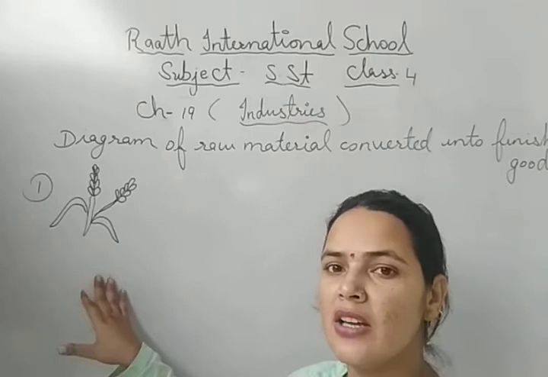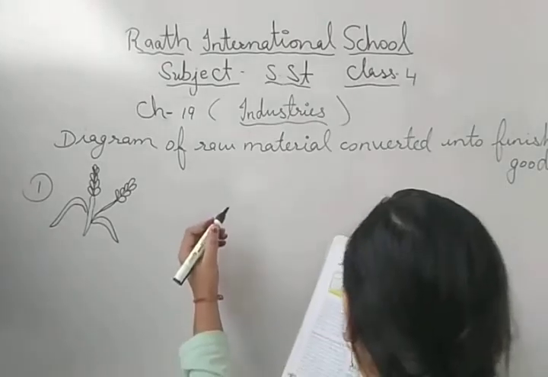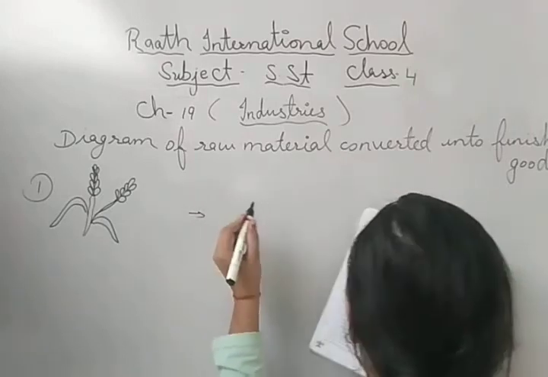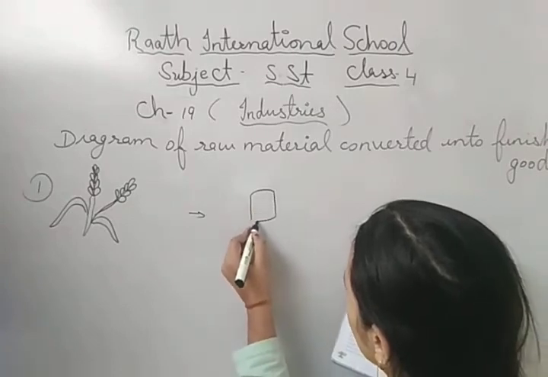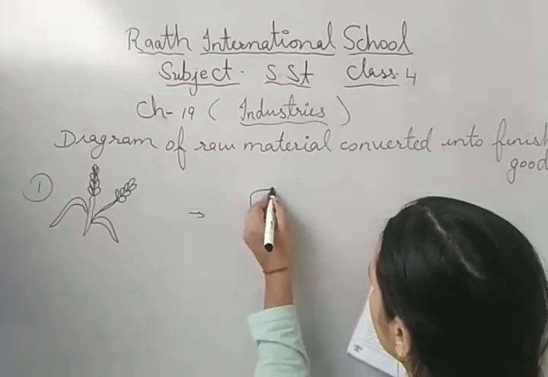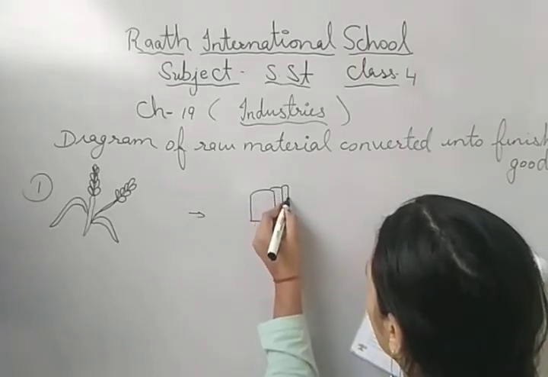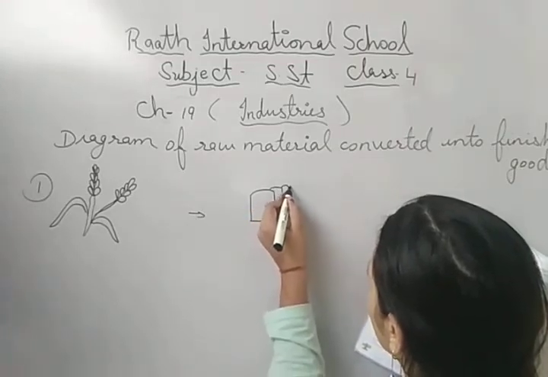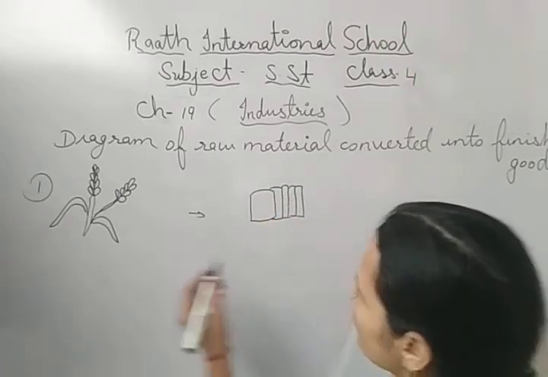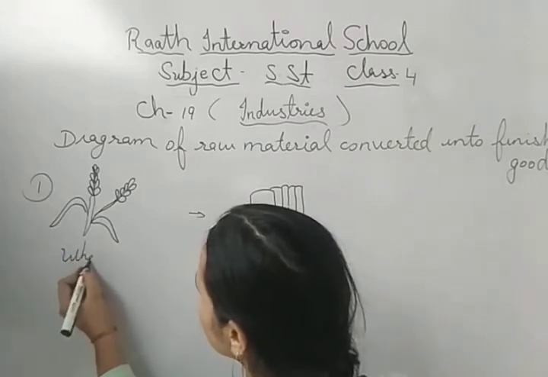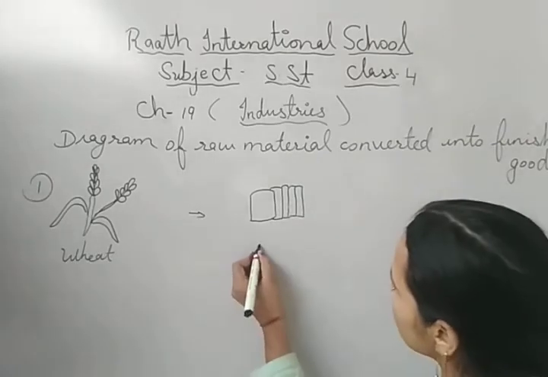This is wheat. It is used as a raw material. And which things are produced from it? Bread. These are the slices of bread. So this is wheat that is used as a raw material to produce bread.